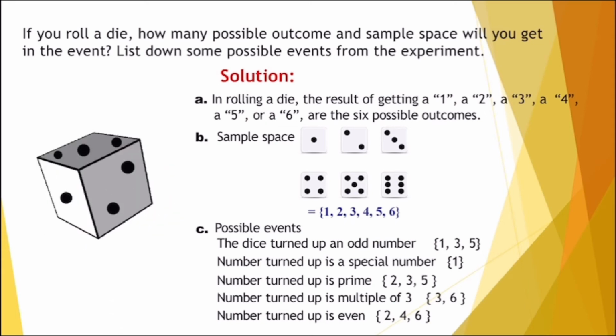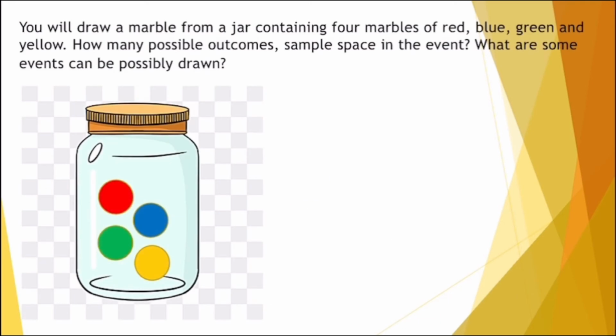For our second experiment, you will draw a marble from a jar containing 4 marbles of red, blue, green, and yellow. How many possible outcomes, sample space in the event? What are some events that can possibly be drawn?